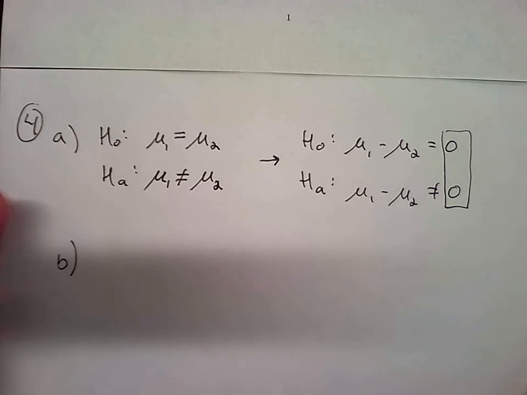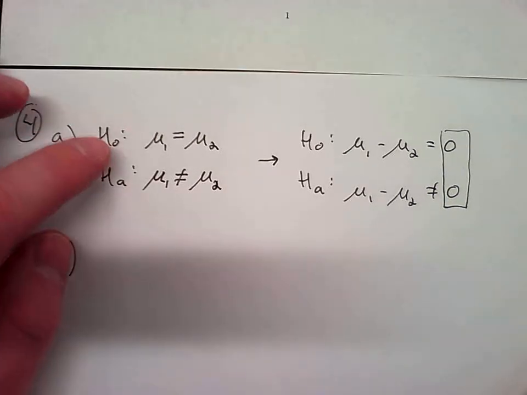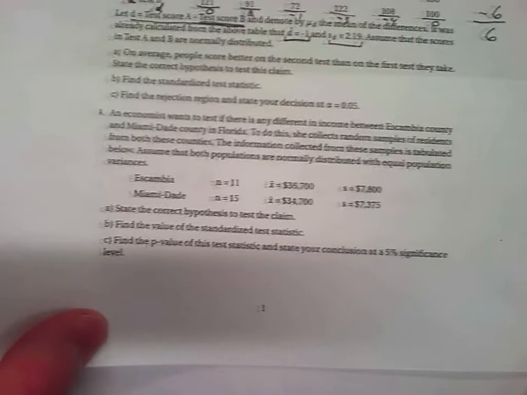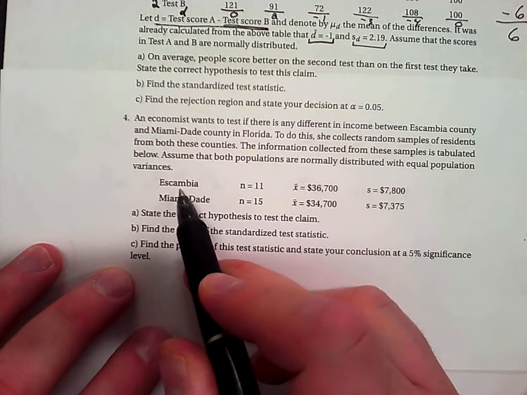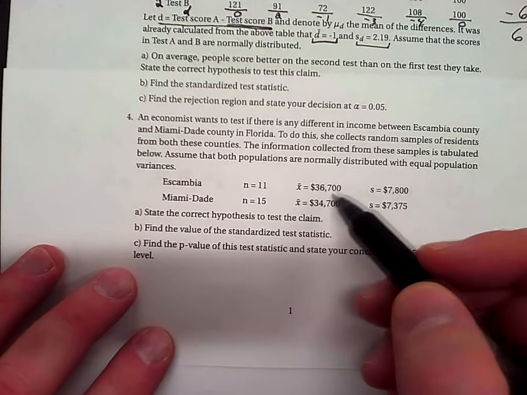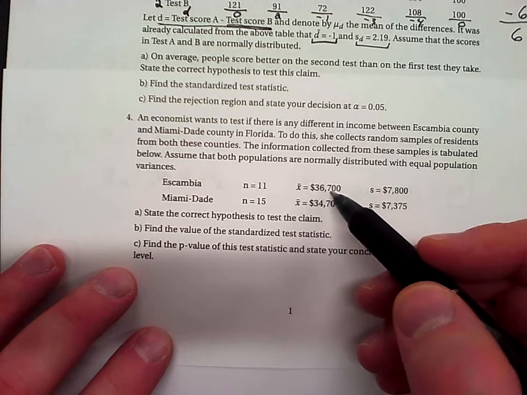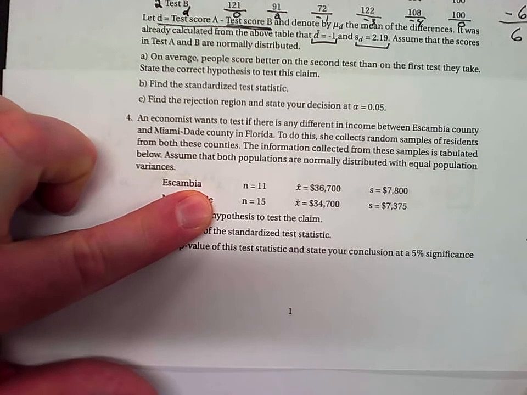So I saw some people saying, yeah, I'm cool with it, and I saw some people saying, what? So why is this not paired? It's in different counties, right? If we were taking 11 people from Escambia County and saying, oh wow, it's 36,700 in the sample, let's go back and check that again, and you go back to Escambia County and take another sample, now that's paired.